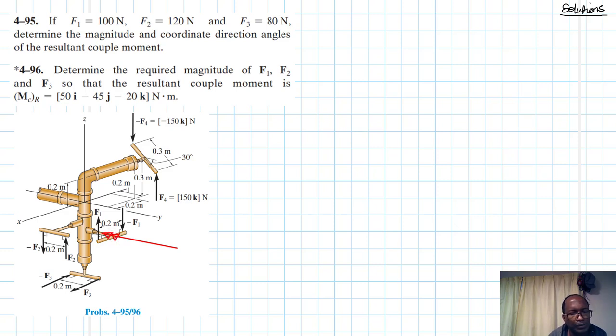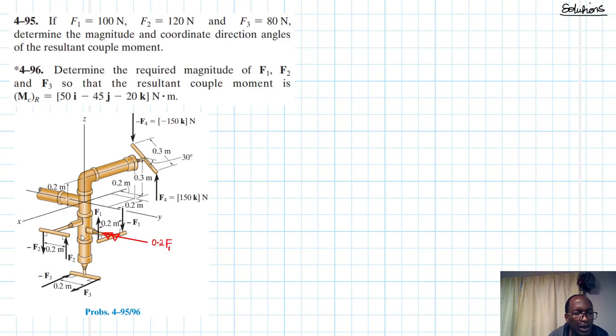So this is F1 times the lever arm. So this is just 0.2 times F1.